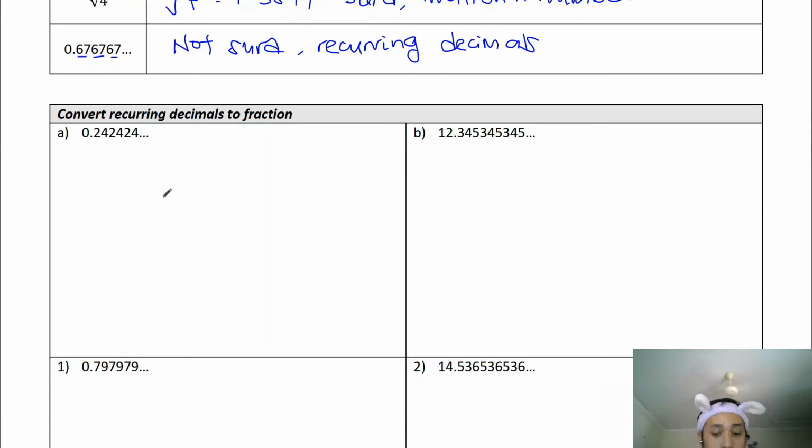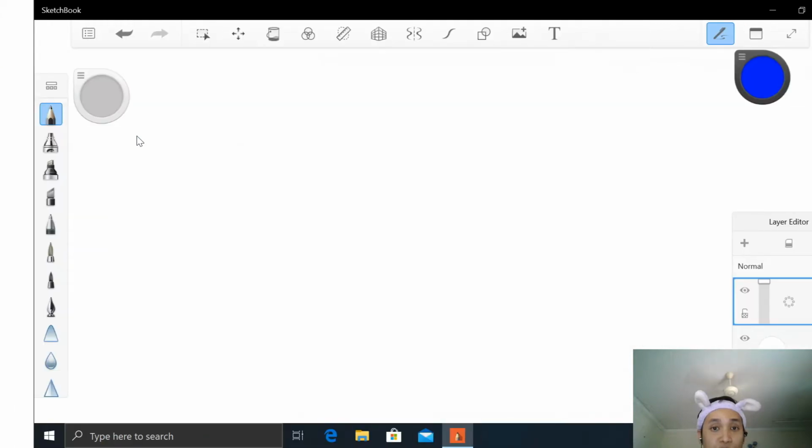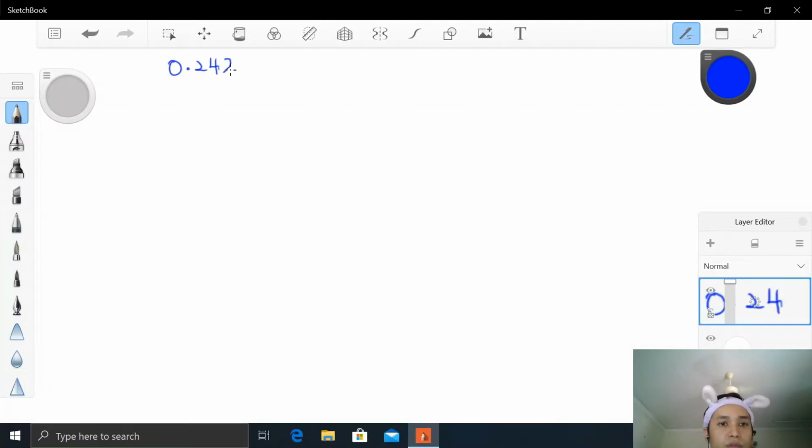Alright, so I'm going to show you how we convert recurring decimals to fractions. Two examples. The first one starts off with 0. So how do we convert this? Here we have 0.242424, with a dot over the repeating part.